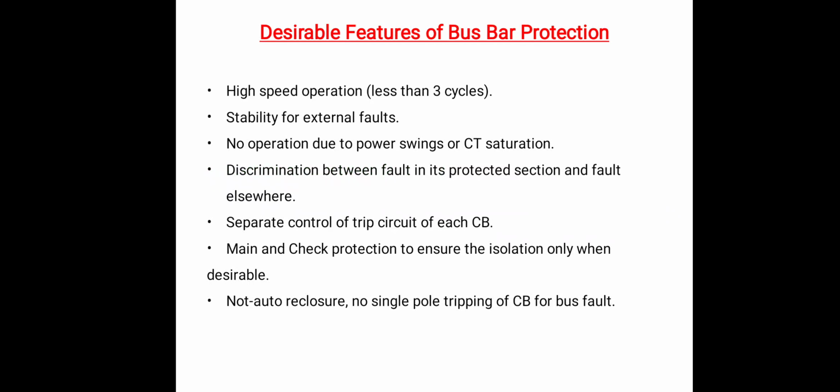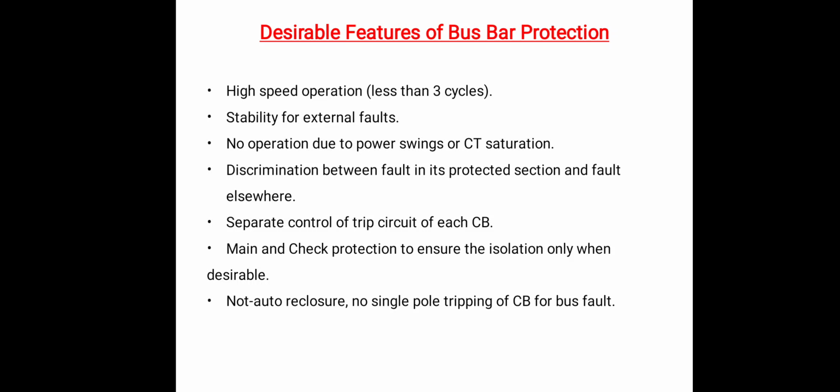Now the important thing is what will be the desirable features of a busbar protection scheme or busbar protective device. When we are using a busbar protection scheme or device, what will be the features of this type of scheme or device? The most important feature is high speed operation.